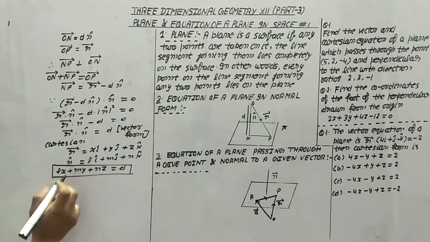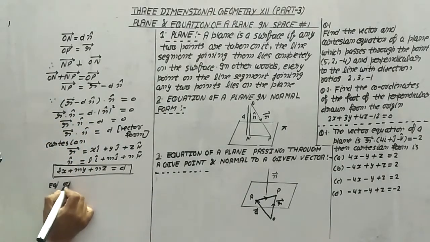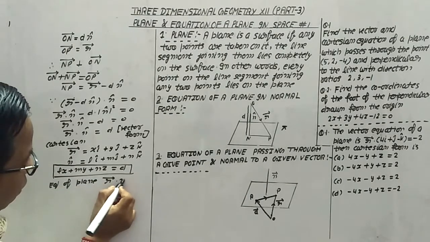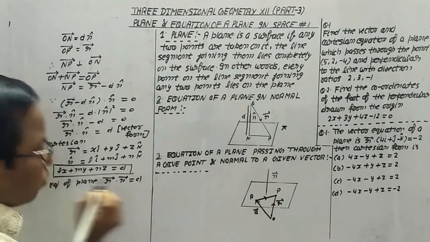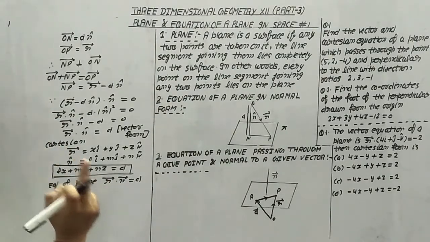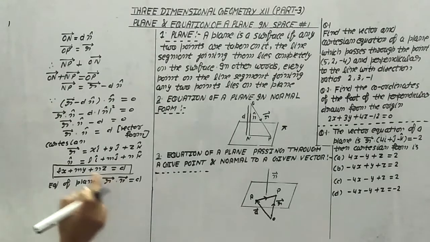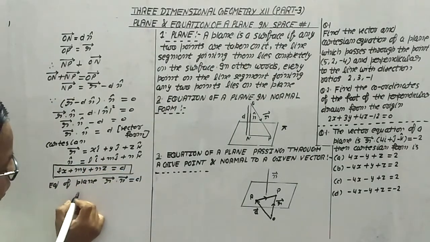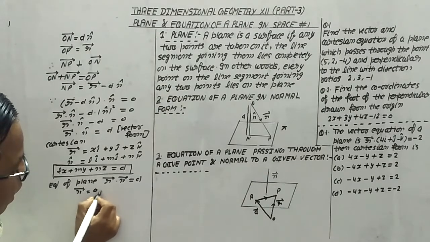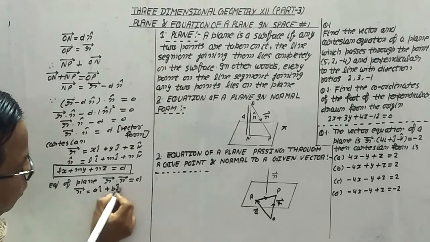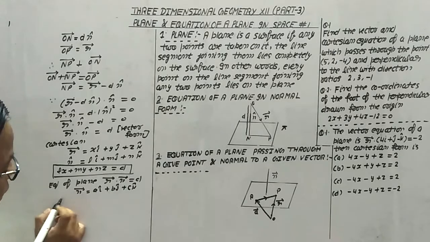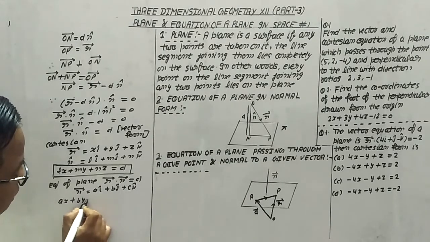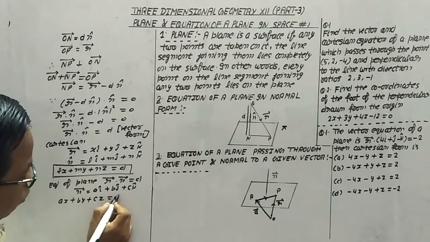Now we can consider the equation of a plane in normal form like this also: R dot vector n is equal to d. Now if we are considering vector n only, it means we are considering only the DRs, and in this case let us suppose n is equal to ai plus bj plus ck. Then the Cartesian form is ax plus by plus cz is equal to d.